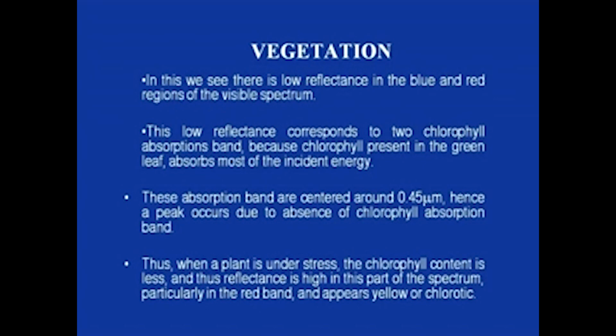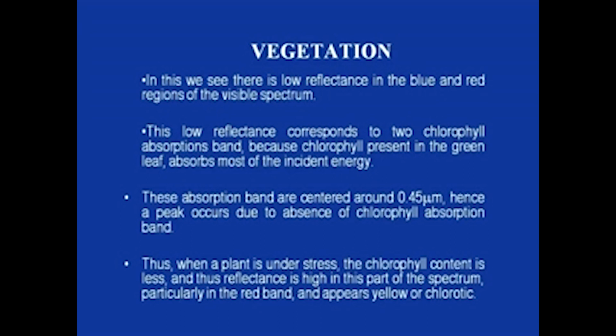Here we see that there is low reflectance in the blue and red regions of the visible spectrum. This low reflectance corresponds to two chlorophyll absorption bands, because chlorophyll present in the green leaf absorbs most of the incident energy.